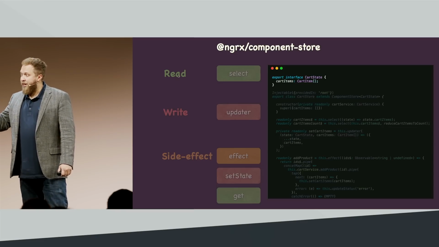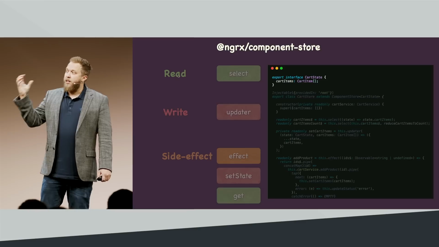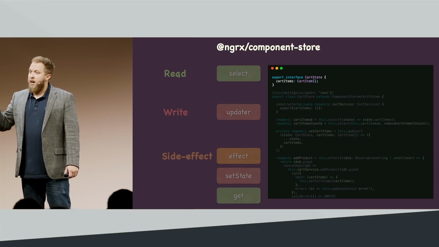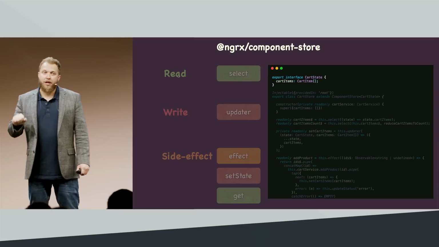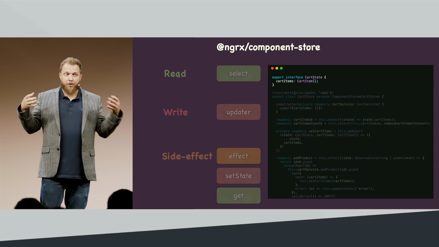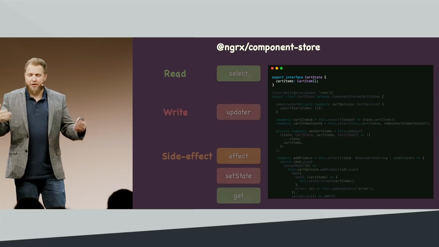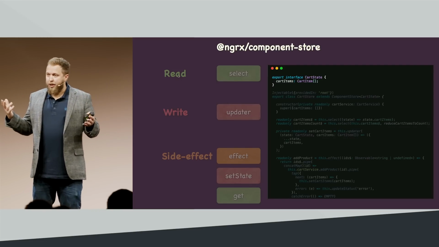So it should be very much aware of what it's controlling. Derived logic is done through selectors. Derived logic has no place in the store. I mean, there are some use cases for that, but in general, it should be a single source of truth. That's what you want for your app. That's why we do state management. So this would be the state handling the cart items, for example, a cart items array.